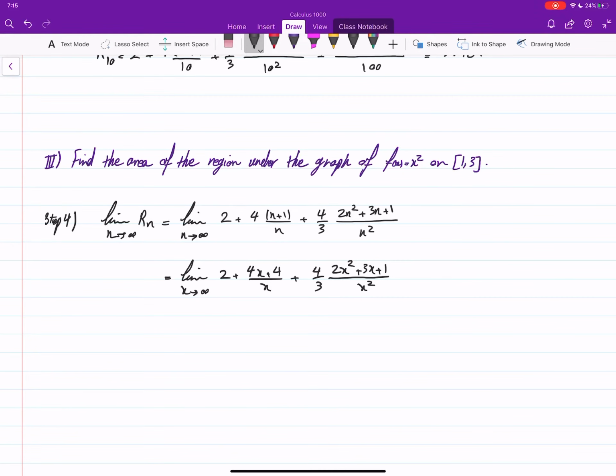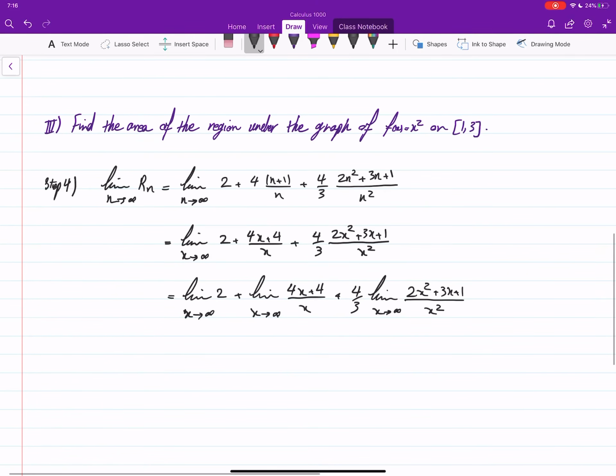Because in this case, you will see that you have 3 limits, and you can find the limit of each one, knowing that some are indeterminate forms of type infinity over infinity. And well, the first one is not, so that's just the number 2.